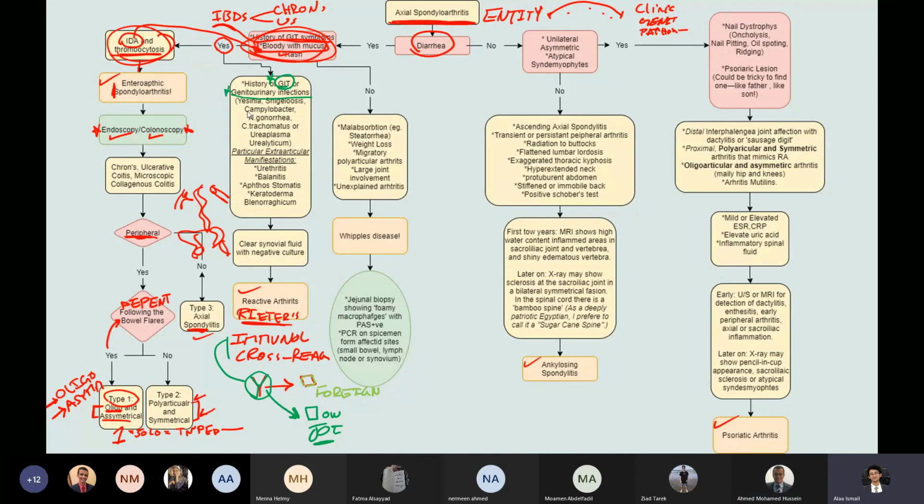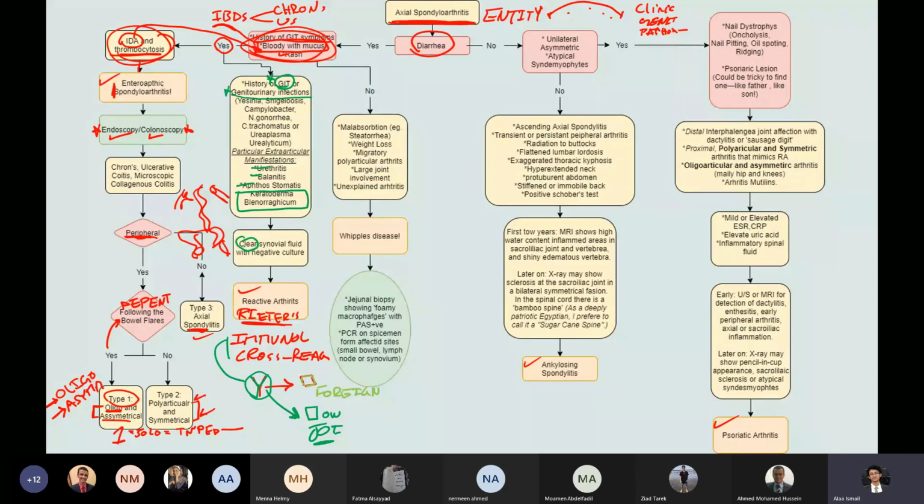Okay. With this disease, there are usually some particular extra-articular manifestations: urethritis, balanitis, aphthous stomatitis, and keratoderma blennorrhagicum, which is a unique dermatological change in your hands or your feet. I'm saying that this is a reactive arthritis, and I didn't say that this is a septic one. So if you did a joint aspiration, that fluid is going to be crystal clear.